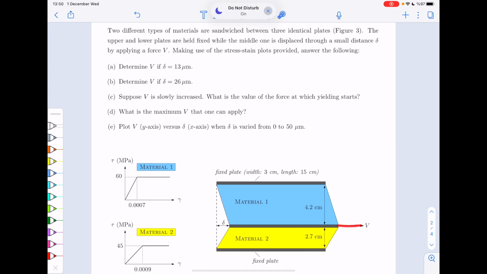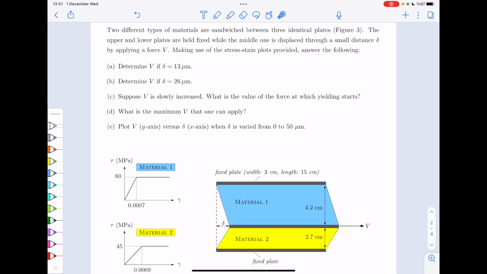You apply a force V here. The first thing you are asked to do is to determine V if delta is 13 micrometers, okay? And delta is this, so delta is the amount of displacement you can cause by applying that V.